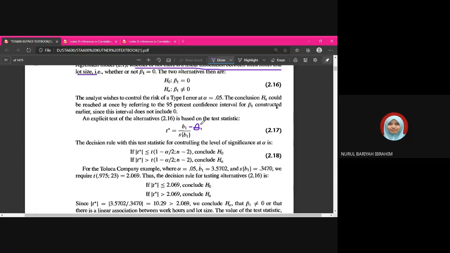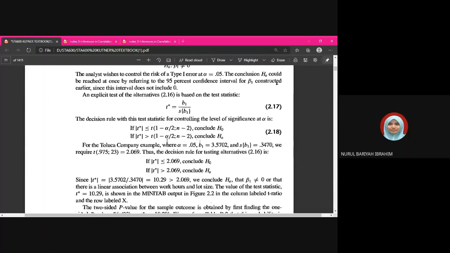So here we substitute 0. That is why it becomes b1 only, b1 minus 0. So the test statistic will be the slope divided by the standard deviation of the slope.